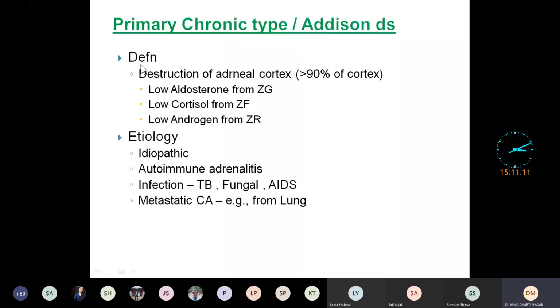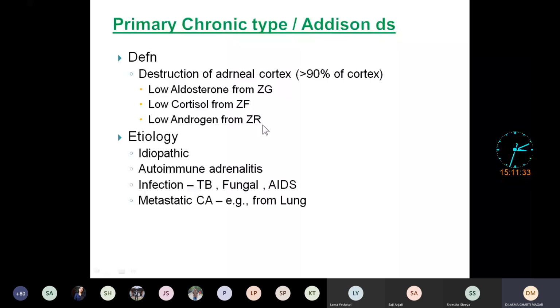So now the definition: to have Addison disease, there is a destruction of the adrenal cortex of more than 90%, understood here? So there is low aldosterone from the zona glomerulosa. There is also low cortisol from the zona fasciculata, and low androgen from the zona reticularis.